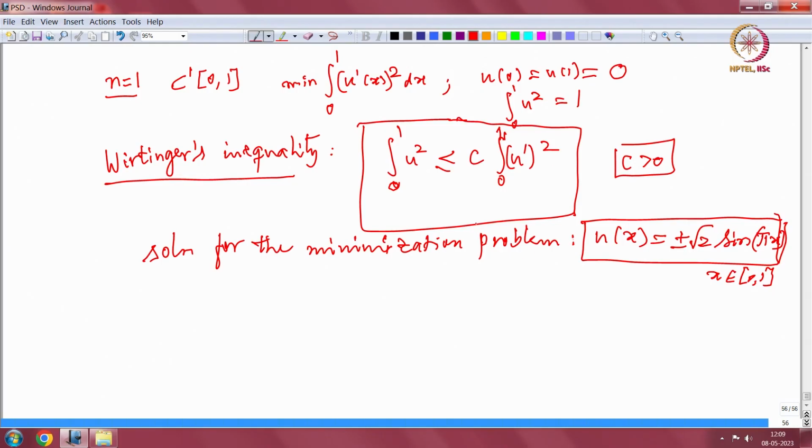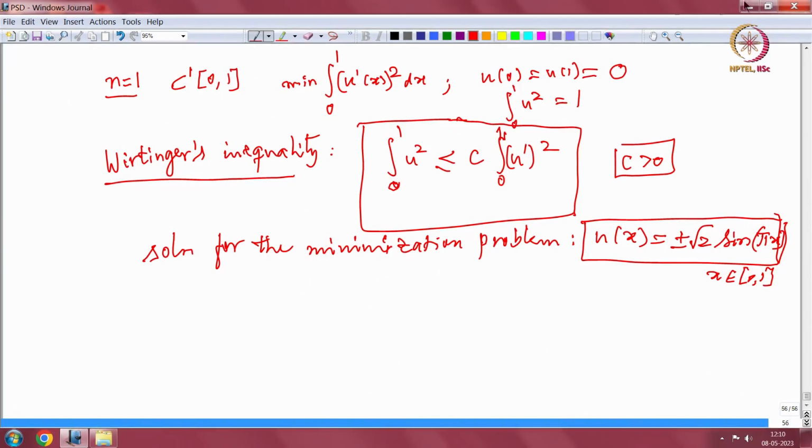This comes from the calculus of variation problem. It's one dimensional, so you get an ODE which you can solve. You can write this minimization problem as a global minimization problem with some Lagrange multiplier, and that's where this minimum comes, and you also get the minimizer.